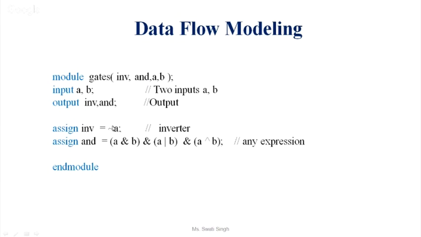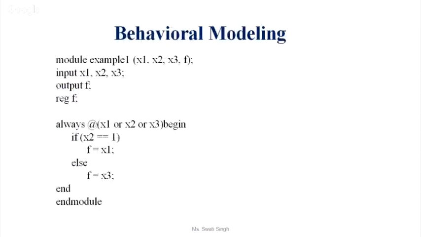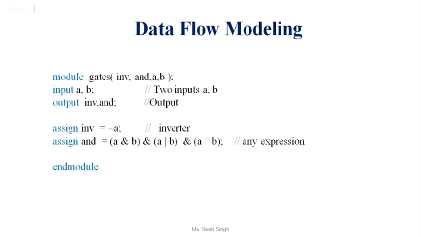So the negation of a will be given to the inverter. Then assign and equal to: we can give any expression, or we can simply write and equal to a and b, and endmodule. So this is the procedure for how we write our code in data flow modeling. So basically gate level modeling, data flow modeling, and behavior modeling are the three methods by which we can write our Verilog program.